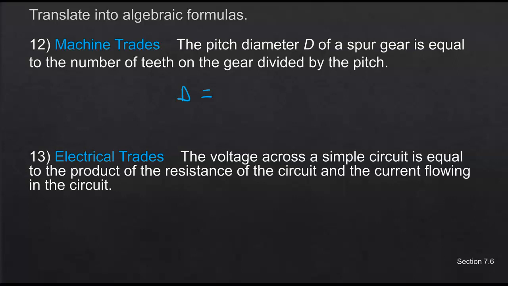You could call the number of teeth T, or we could call it N, divided by the pitch, and we could call that P. So we'll say the number of teeth on the gear divided by the pitch, so N divided by P.